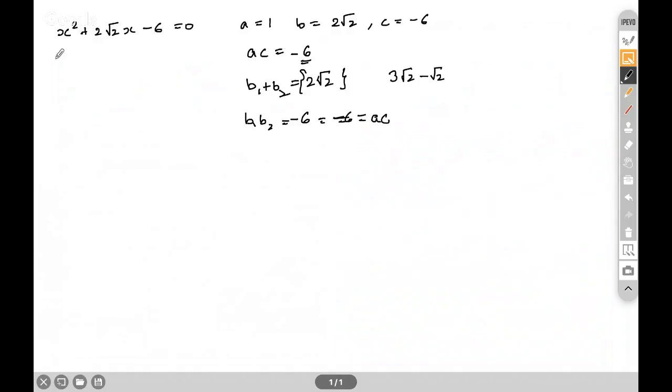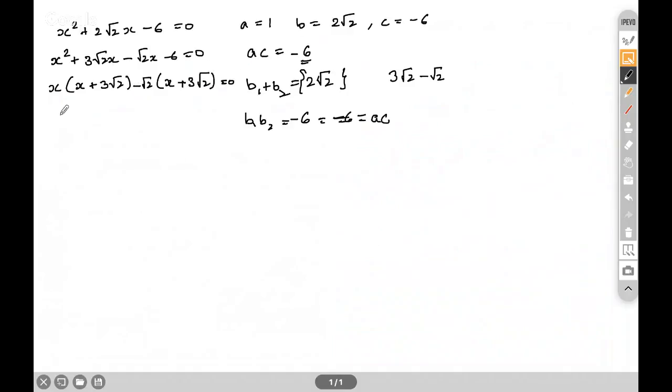So hence the splitting of the middle term in this case will be 3 root 2x minus root 2x minus 6 equals 0. So x is common to it, so x plus 3 root 2, and then here again, this is minus root 2 common here, so this is x plus 3 root 2, x plus 3 root 2, this is equal to 0.